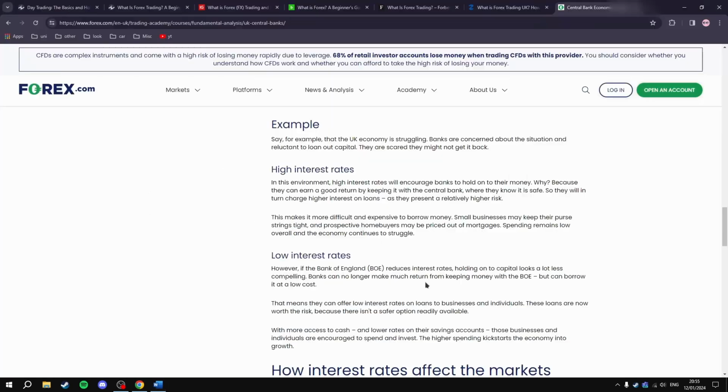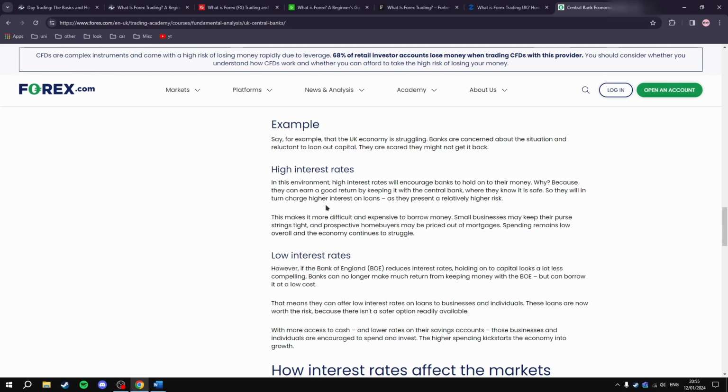So in this environment, high interest rates will encourage banks to hold on to their money. Why? Because they can earn a good return by keeping it with the central bank. I think by banks, these are the normal commercial banks, so like HSBC, Lloyds, all that, keeping it central where they know it is safe.